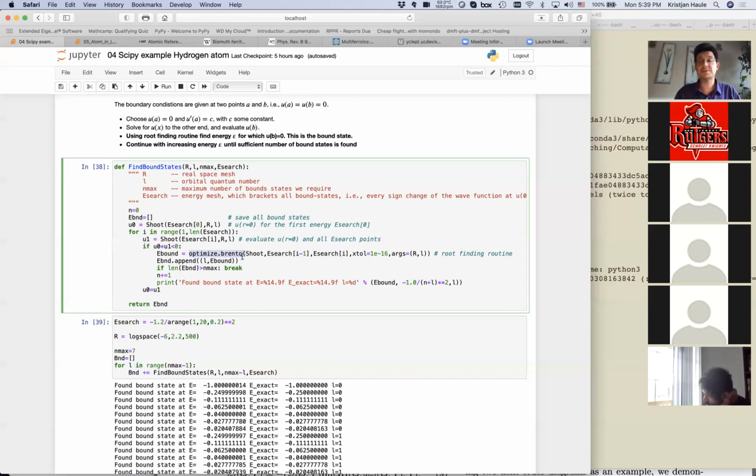So here we can use any method that we looked at last time. I remember there was Tom's method. It was pretty good, high level. But right now I'm going to use a very primitive root finding routine, Brentq, which is kind of a general purpose, simple routine. I think it uses Newton's method.